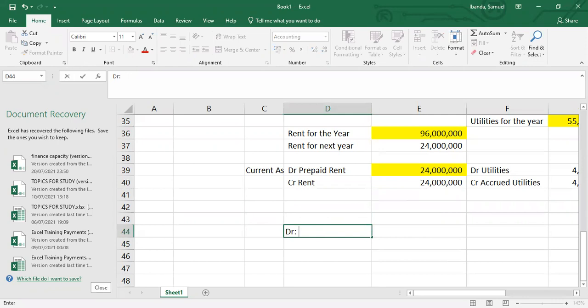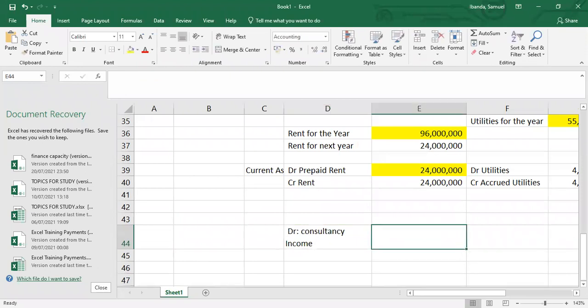This was a consultancy. These are consultancy services. So we shall credit our consultancy income, because that is what is in our trial balance, consultancy income, with the value of 4.5.